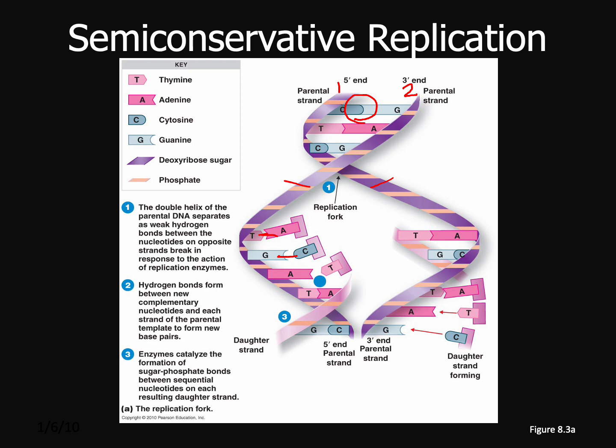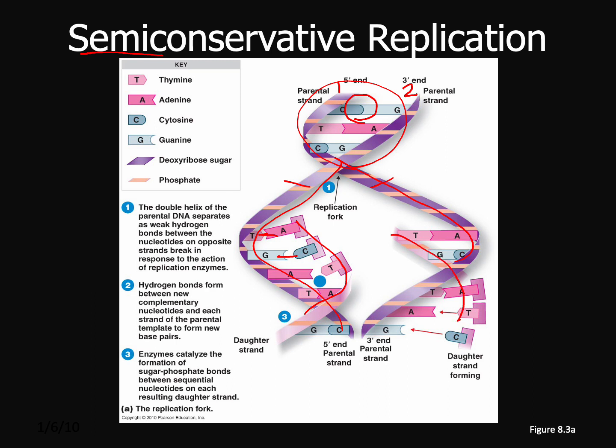This mode of replication is referred to as semi-conservative because the result is 2 molecules of DNA that each have a strand from the parent strand. So this was the parent strand, and it unwrapped, and now each one has a strand from the original, and each one is creating or synthesizing a new strand.